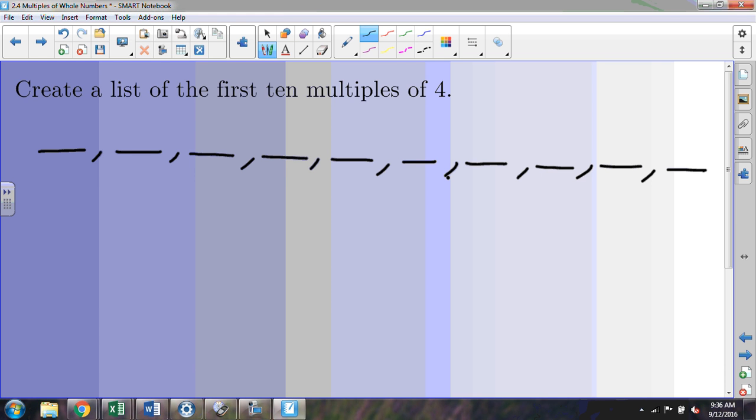And of course they're called multiples for a reason, because they're multiplied. 4 multiplied by 1, 4 multiplied by 2, 4 multiplied by 3, multiplied by 4, oh, I wrote them down wrong, multiplied by 4, multiplied by 5, multiplied by 6, multiplied by 7, multiplied by 8, multiplied by 9, and multiplied by 10. There.